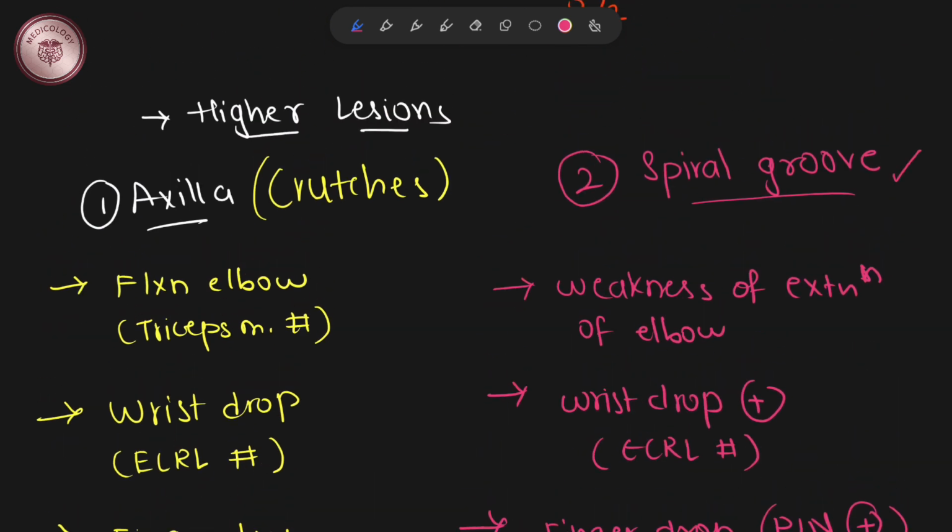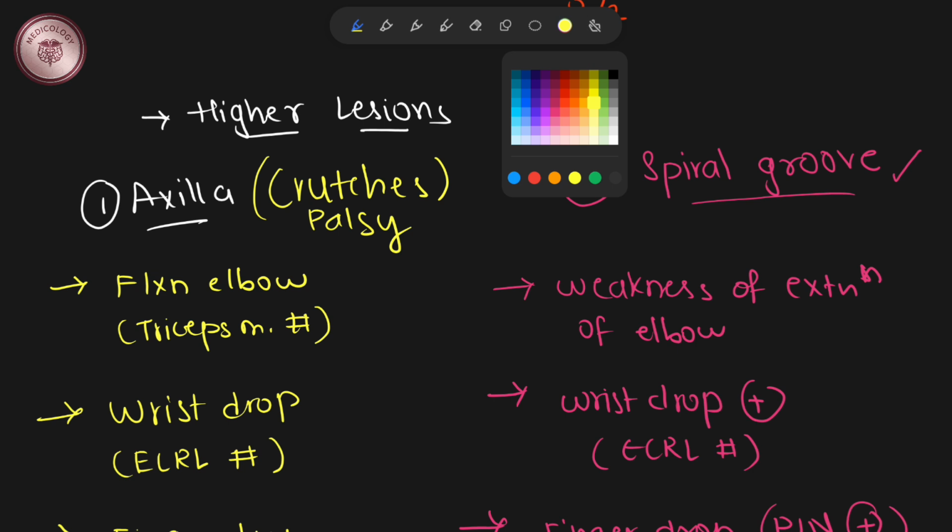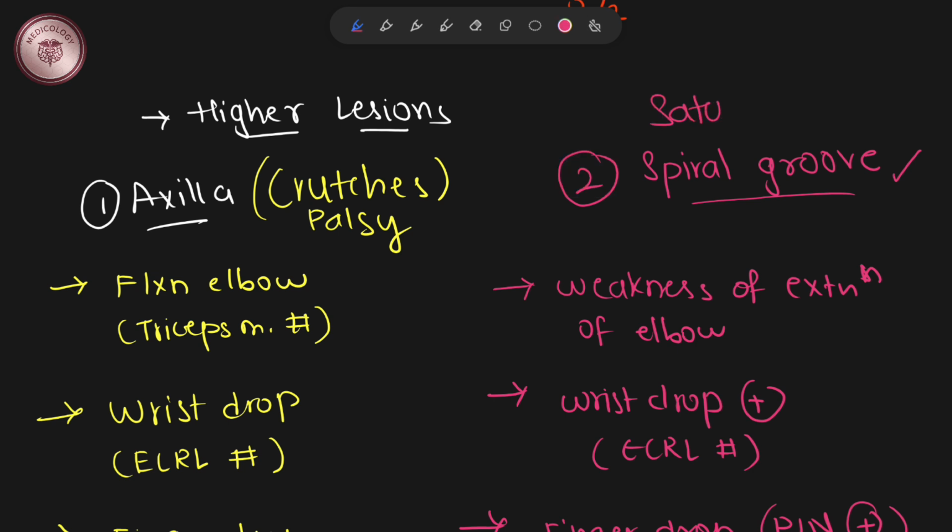And what is a common injury of the spiral groove? At the spiral groove, yes, there is one palsy. This is crutches palsy. This one is Saturday night palsy. The Saturday night name came from some eras back.